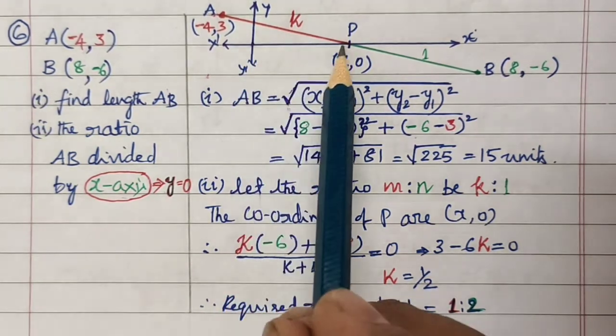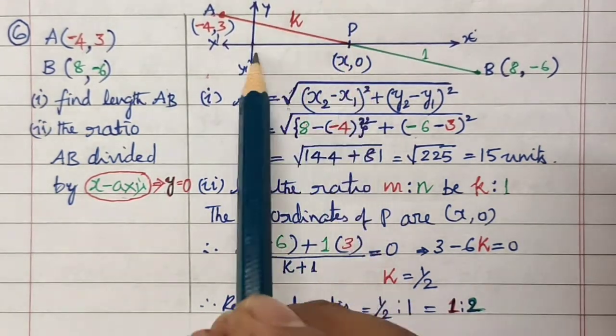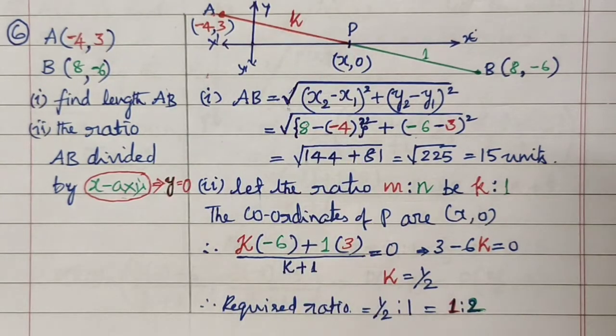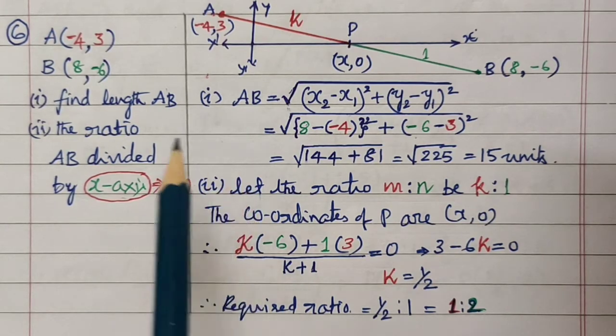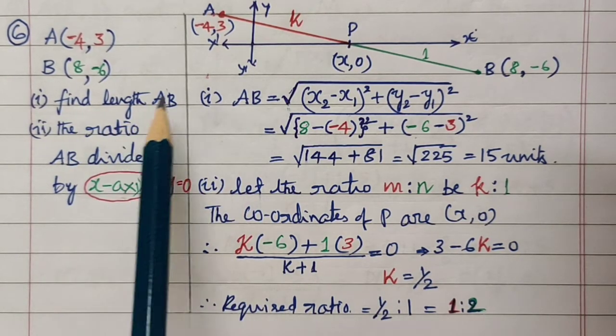When it is divided by the y-axis, x will become 0. When it is divided by the x-axis, then y becomes 0.